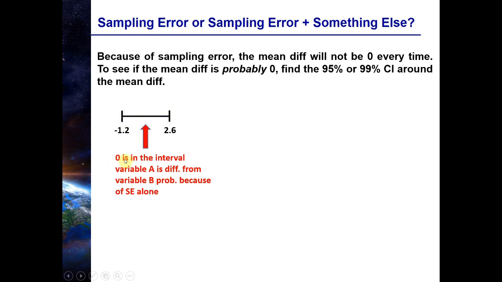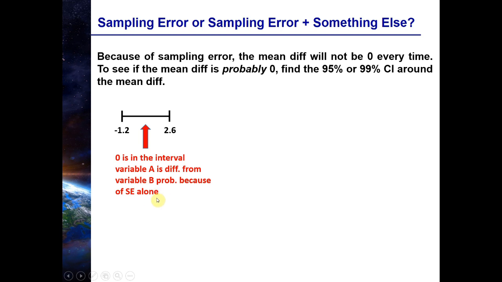Now notice that 0 is within this interval. When that happens, you're going to say it's close enough to 0 that the difference between variable A and variable B, or in this case, before and after COVID, is probably just sampling error alone.